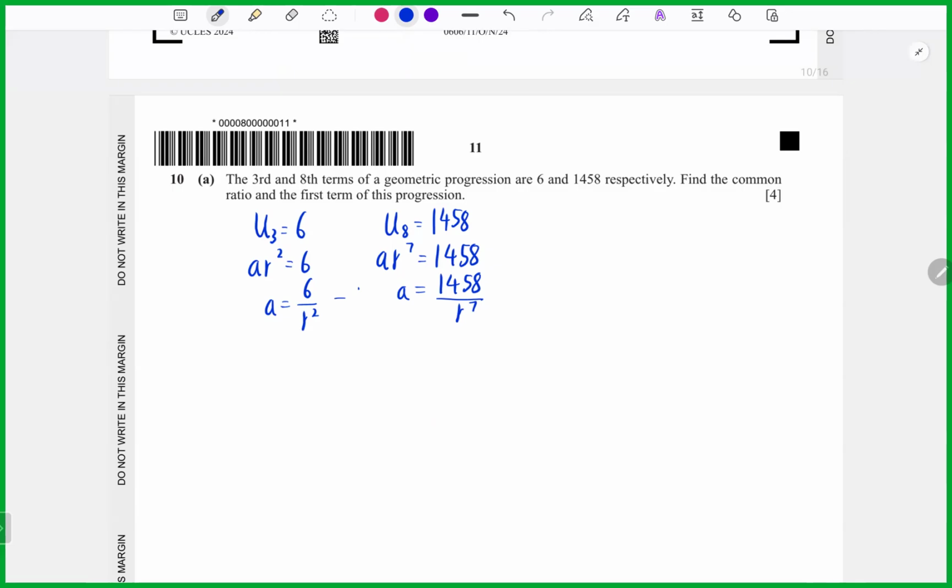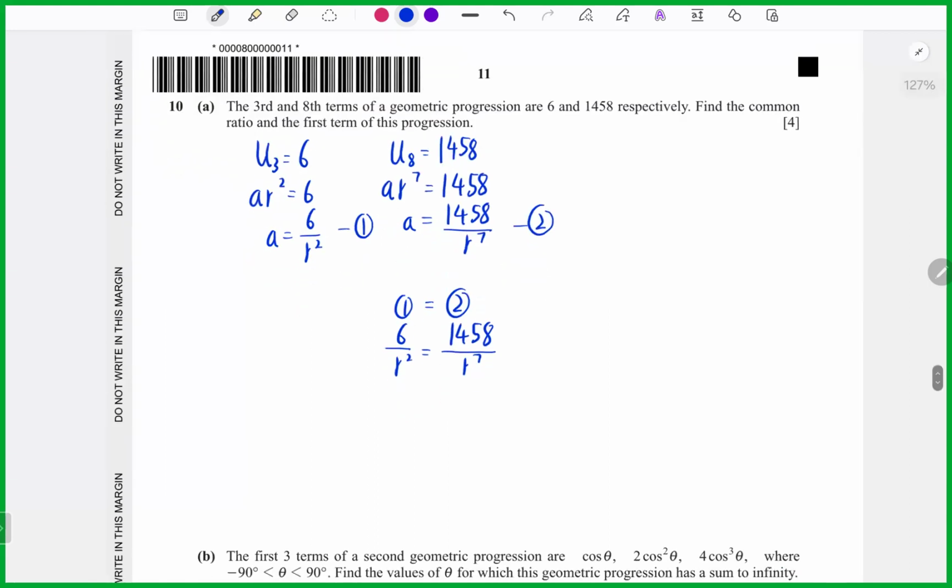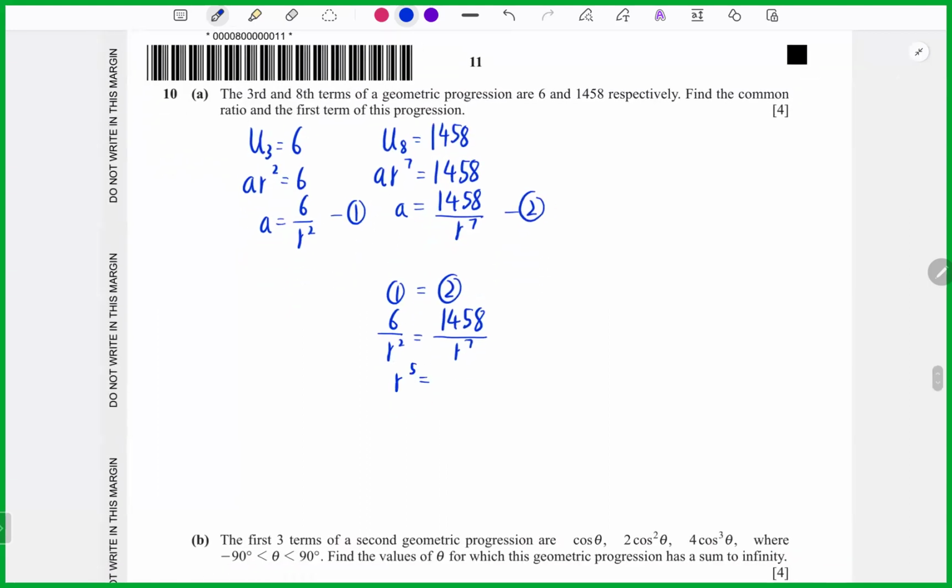Put them together: 6 over r squared equals 1458 over r to the power 7. So you get r to the power 5 equals 1458 divided by 6, which is 243. So r equals 3. Now you can find the first term, 6 over 3 squared, 6 over 9, which is 2 over 3.